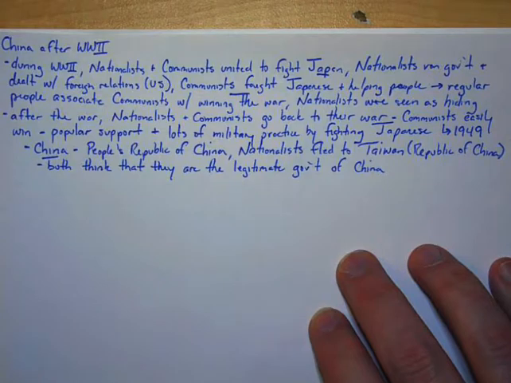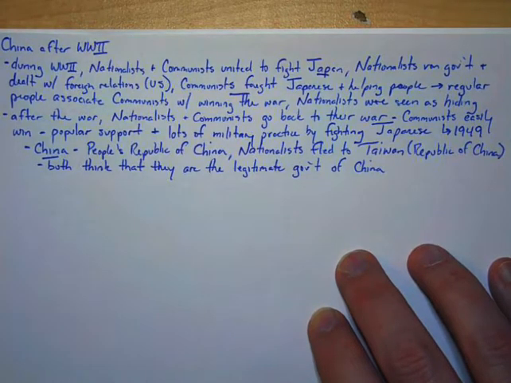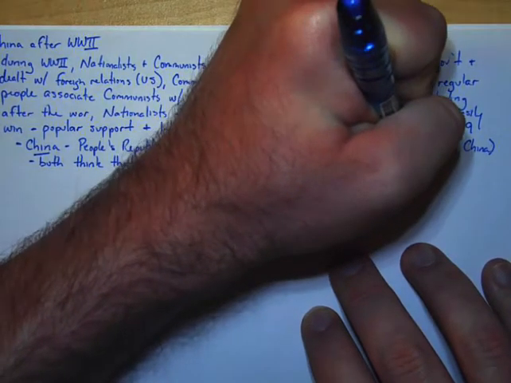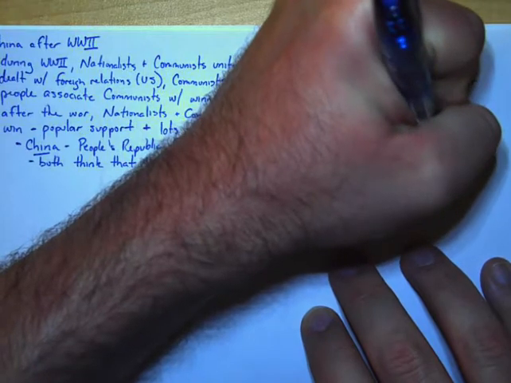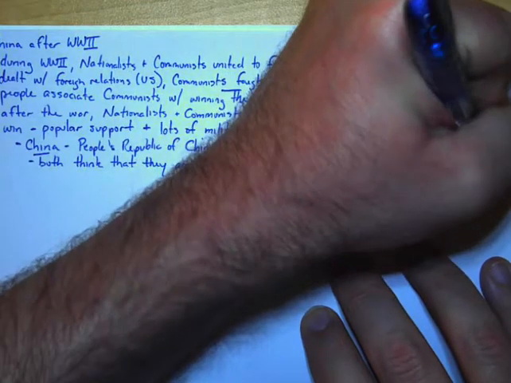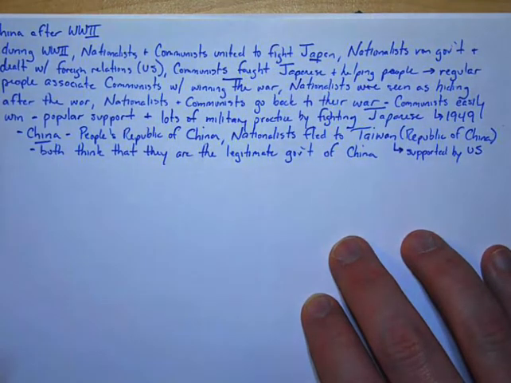But pretty much they just ignore each other's presence and everyone kind of goes on with their day, but it's not outside the realm of possibilities that they may end up going to war. Now remember, because this is all happening in the Cold War, Taiwan is supported by the United States. And that's one reason why China more or less leaves them alone.